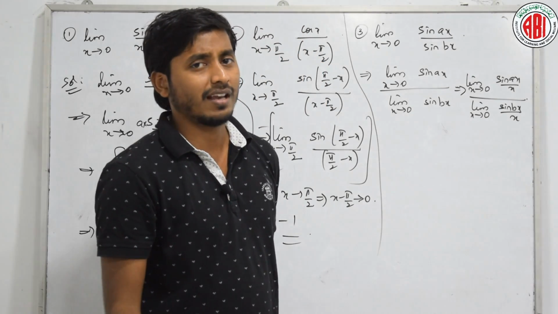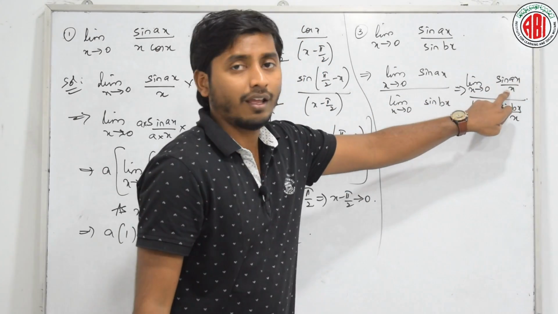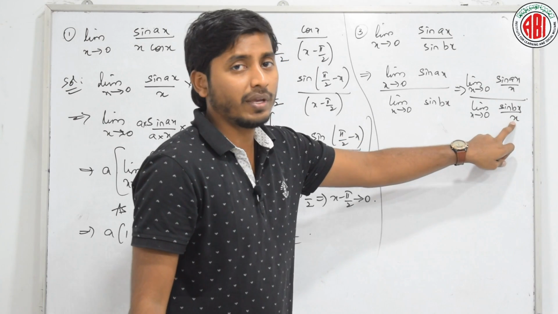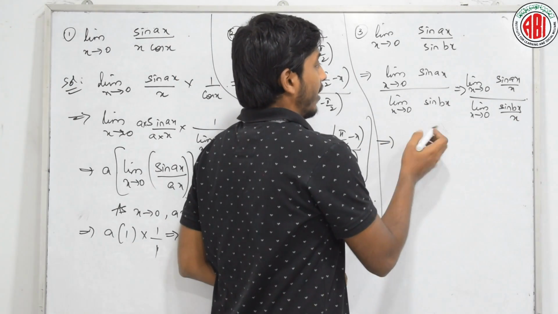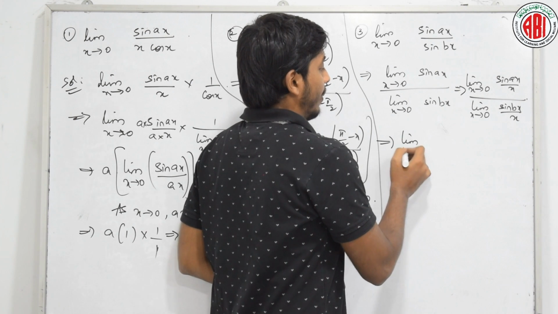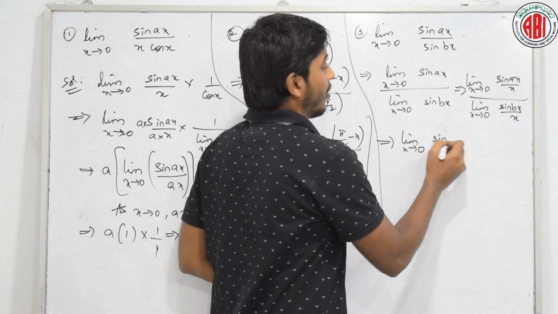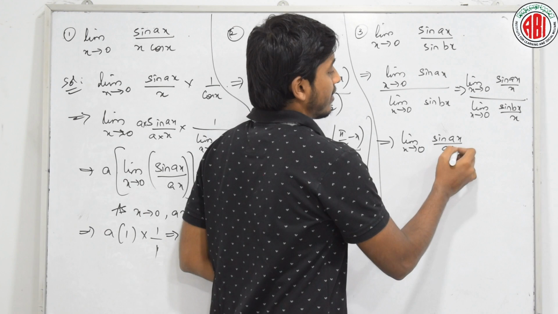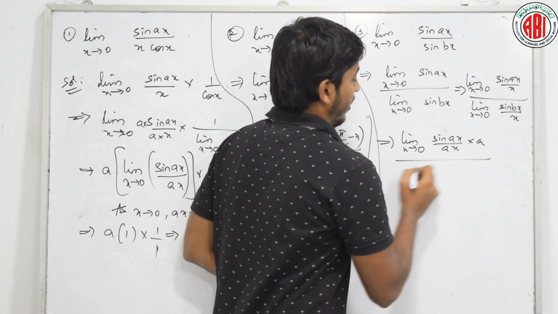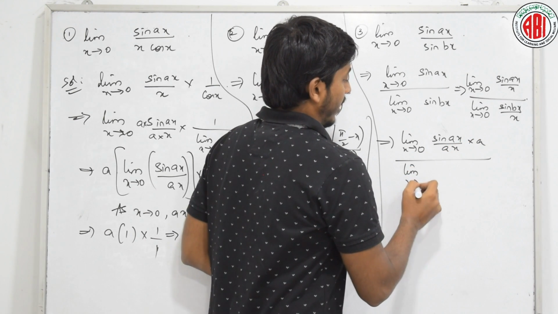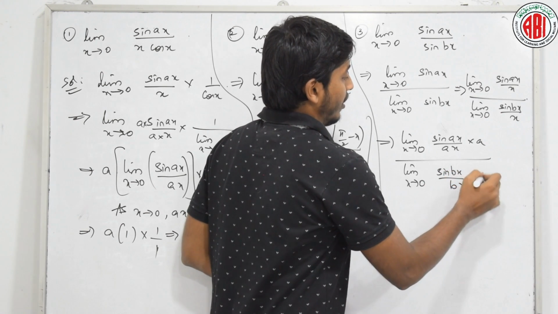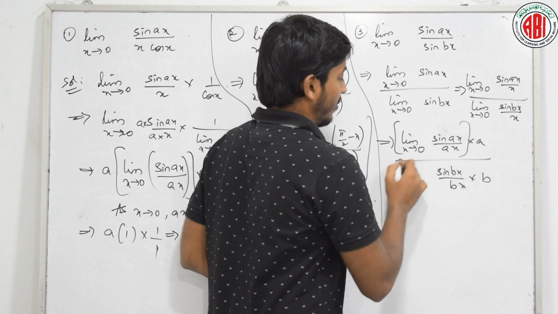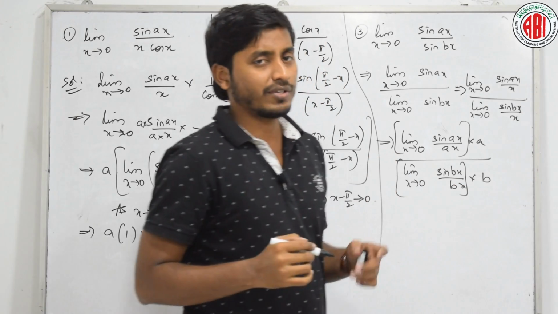Clear? Then what is left? Multiply and divide by a here, and multiply and divide by b here. Can we do? Yes. That is limit x tends to 0 sin ax by ax into a, divided by limit x tends to 0 sin bx by bx into b. This is one term and this is one term.